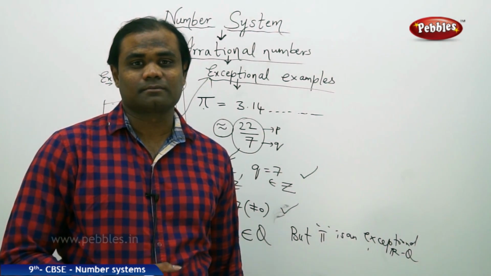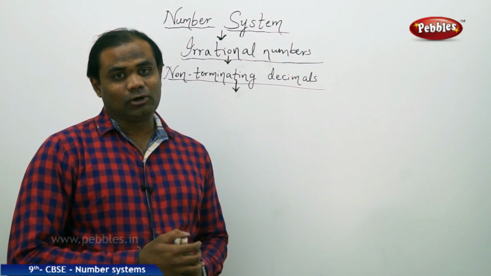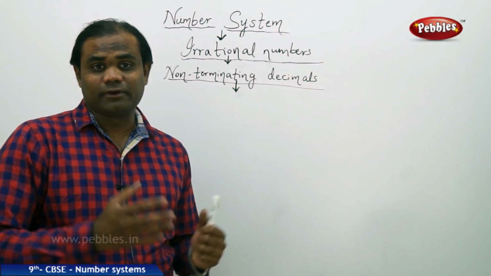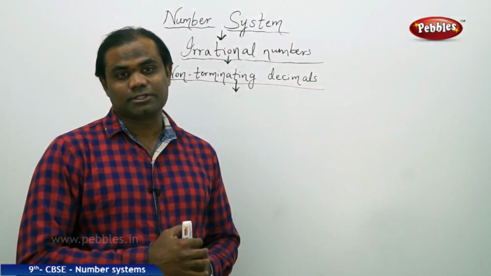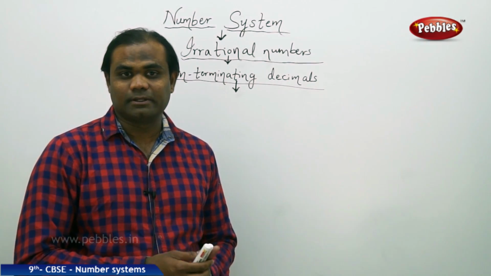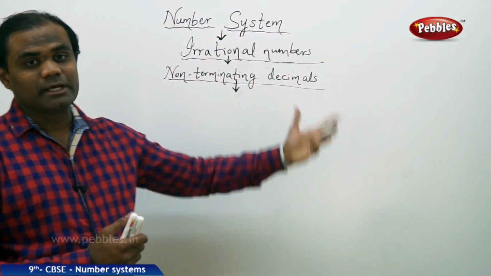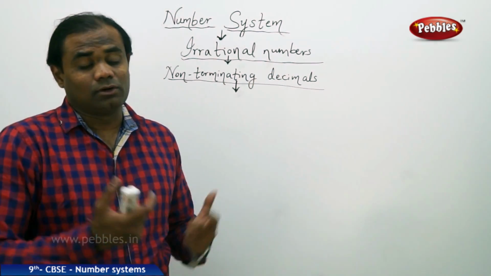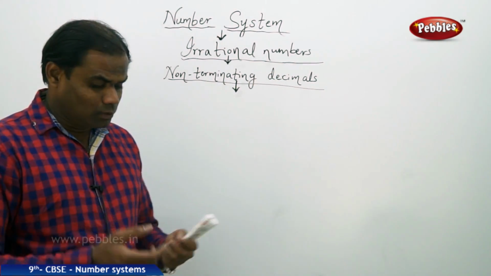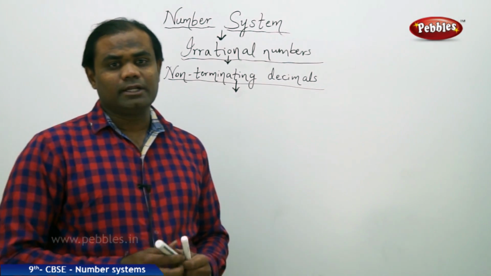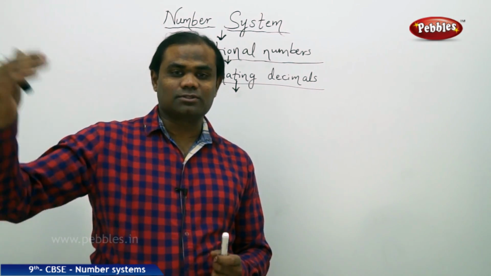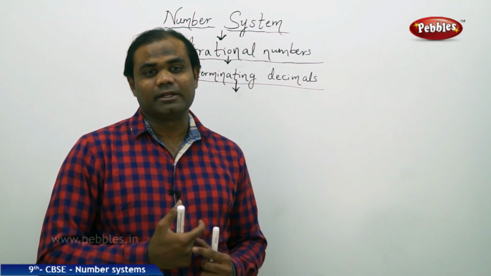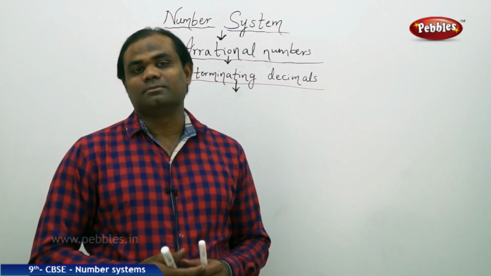Let's take one more example of an irrational number, which is very essential to understand the set of irrational numbers as compared to the rational numbers in the branch of mathematics. Non-terminating decimals. Let's justify for this to be a rational or an irrational number. What is a non-terminating decimal? A decimal which never stops, but goes on repeating and repeating, is how we understand a non-terminating or non-stopping decimal.